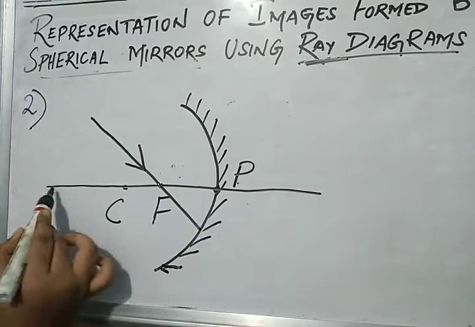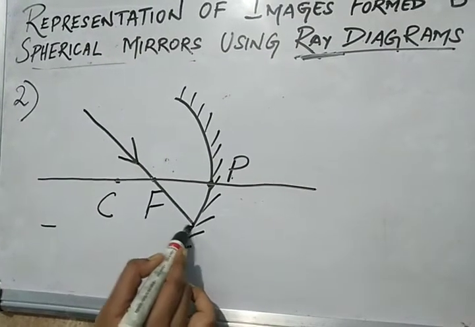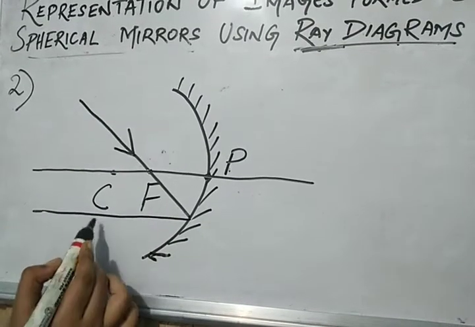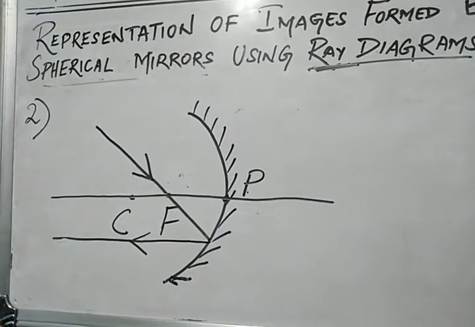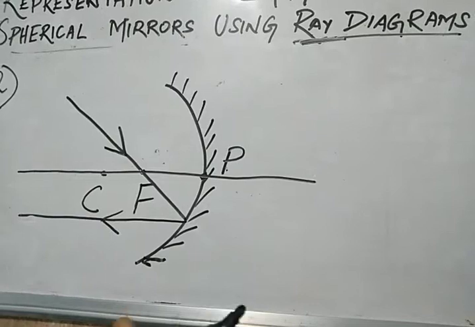This is the principal axis. After reflection, it emerges parallel to the principal axis. This is the reflected ray. This was in the case of a concave mirror or converging mirror.